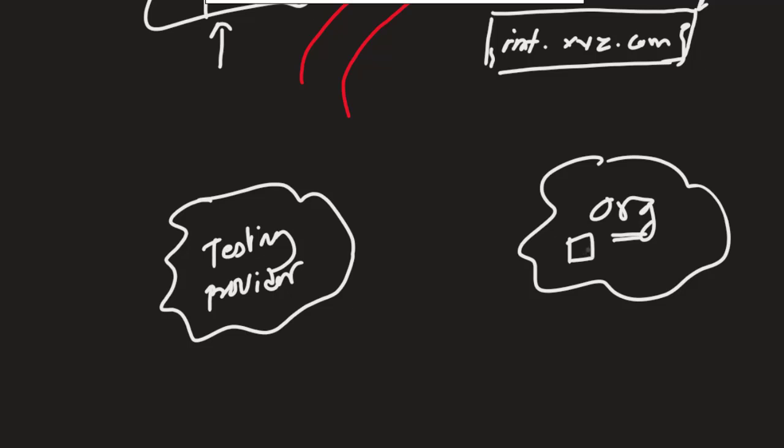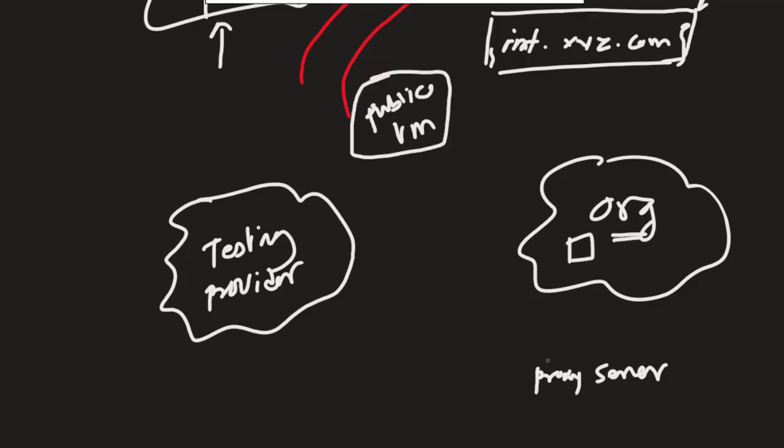So what that script is going to do is create a proxy server, and the testing provider is also going to create a VM. It is a public VM, so anyone can access it. And this proxy server is going to make the tunnel with this public server.